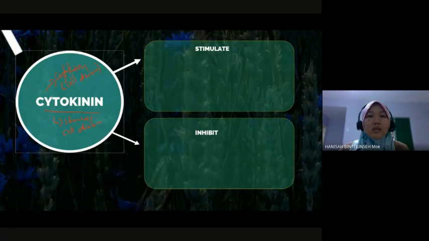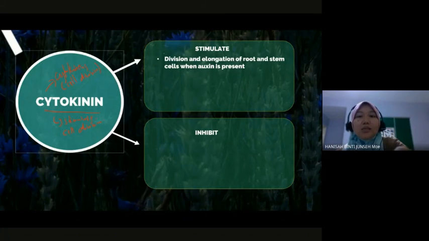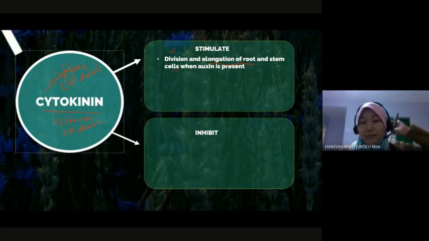Okay, let's look at the first one. Cytokinin again is to stimulate division, and when the cell divides, it will elongate the root and stem cells when there's auxin. This is the logic. Let's say we are talking about the stem. This is the shorter version of the stem.